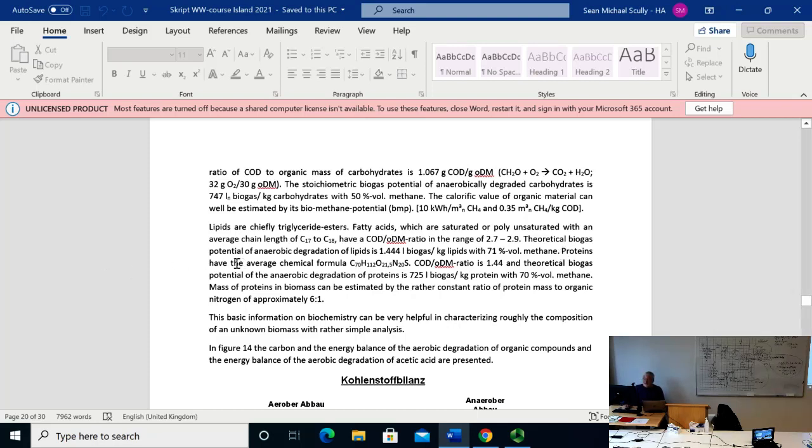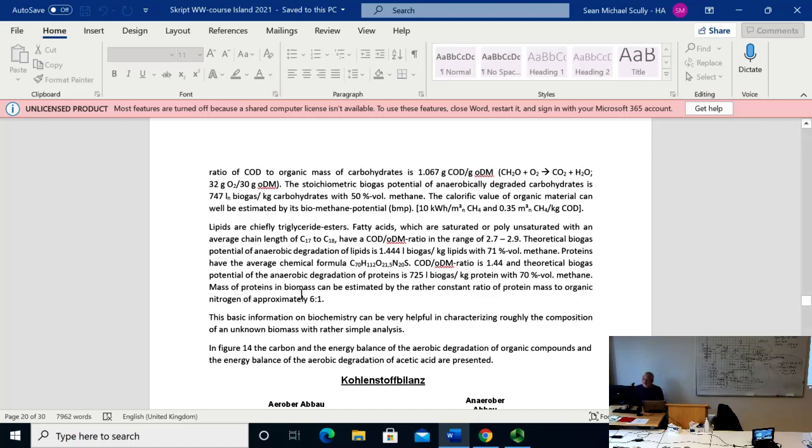Proteins have an average chemical formula of C17, H112, O21, N5, and S. And so also the COD to ODM ratio is 1.44, and the theoretical biogas potential of the anaerobic degradation of proteins is 725 liters biogas per kilogram of protein with 70% volume of methane, considering that all the ammonia is absorbed in the form of ammonium bicarbonate.